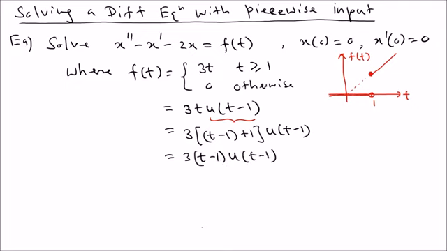In this case, the function is f(t) equals t. And then the other function is simply 3 times u(t minus 1). We know the Laplace transform of that. So we're going to simply get the Laplace transform of these two if you write it like that.